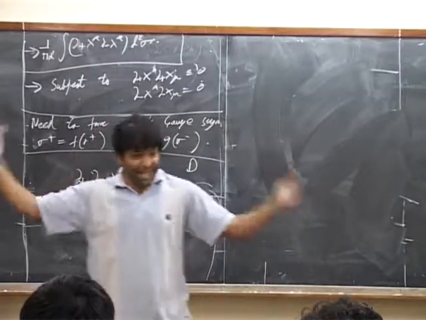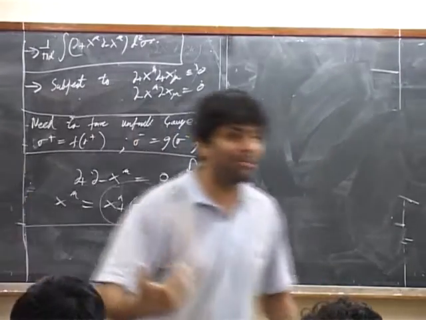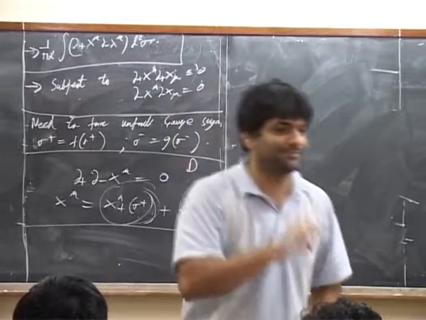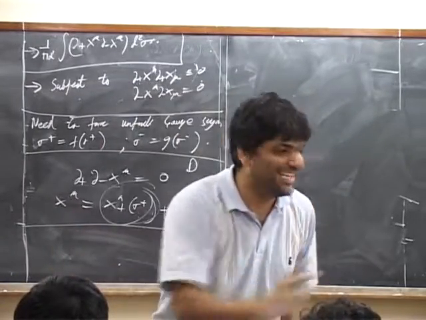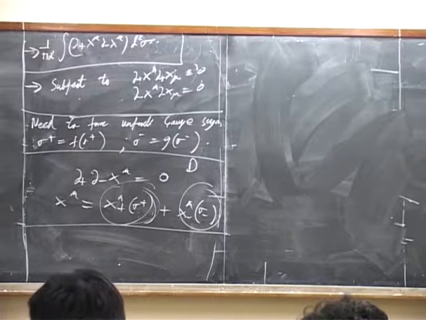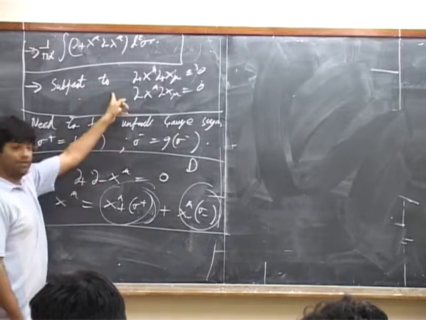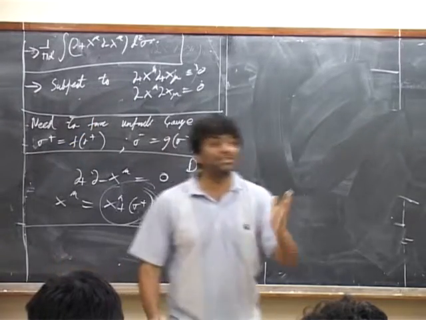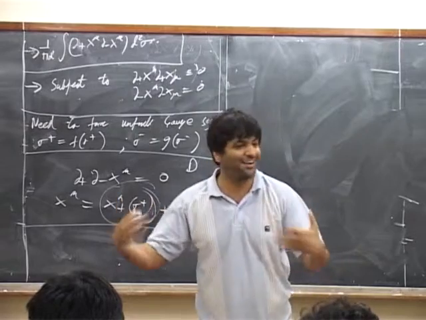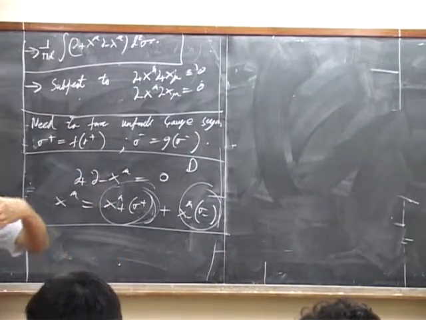So the space of classical solutions of this problem is d minus 2 functions of x plus and d minus 2 functions of x minus. Okay? If we had forgotten about this redundancy, we would have got the answer d minus 1 and d minus 1, which would be totally wrong. Okay? So it's a very important thing as we will soon see.